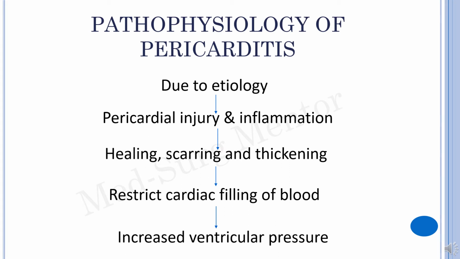Now let's see the pathophysiology of pericarditis. Due to the etiological factors, there is pericardial injury. As a result of this, the inflammatory response gets activated. At the next stage, the pericardium is healed, scarred, and thickened. It leads to restriction in the cardiac filling, which in turn leads to increased ventricular pressure.